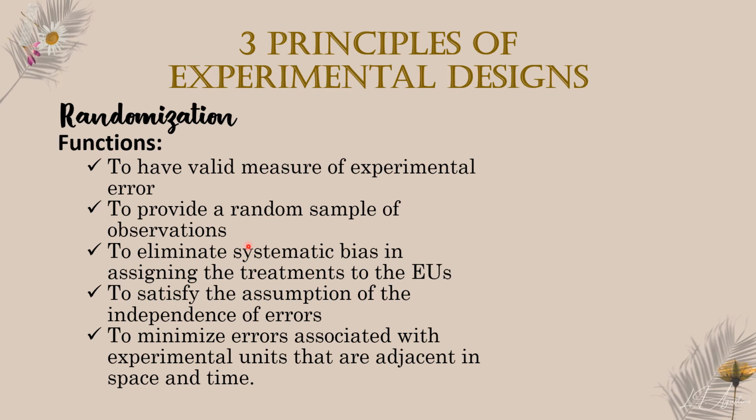And then to eliminate systematic bias in assigning the treatments to the experimental units. And of course, to satisfy the assumption of independence of error, which is the assumption for analysis of variance. So that's why we have randomization.